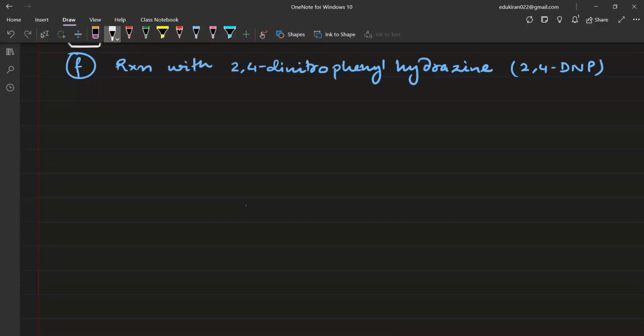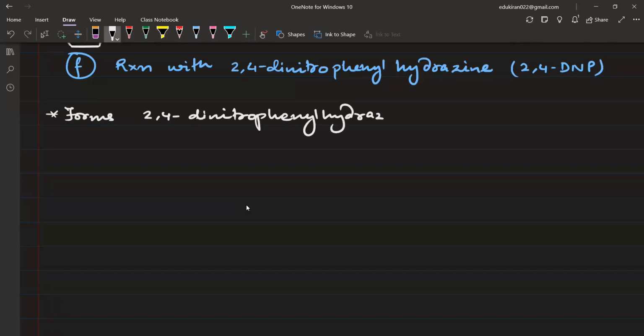We call this 2,4-DNP. Please write, it forms 2,4 dinitrophenyl hydrazone.